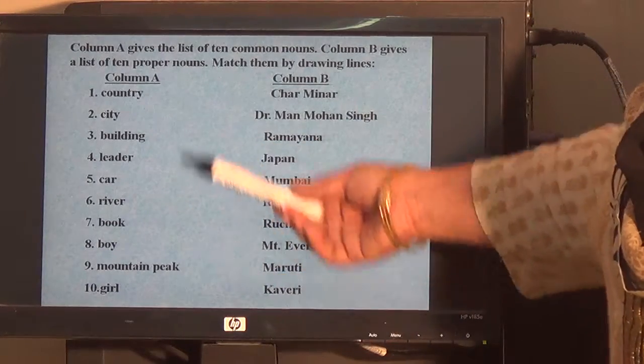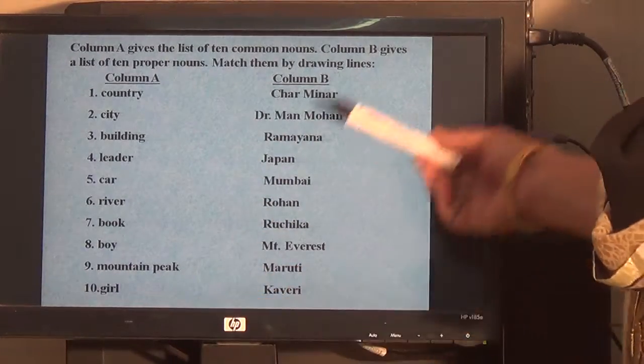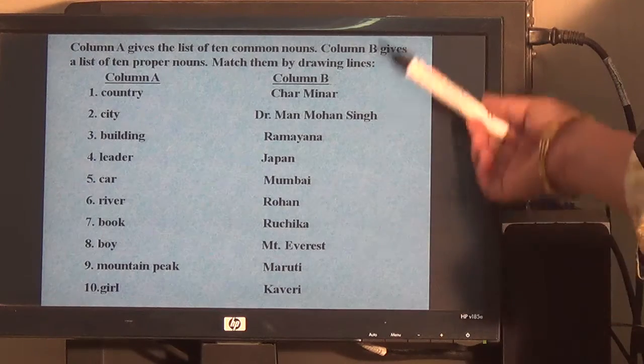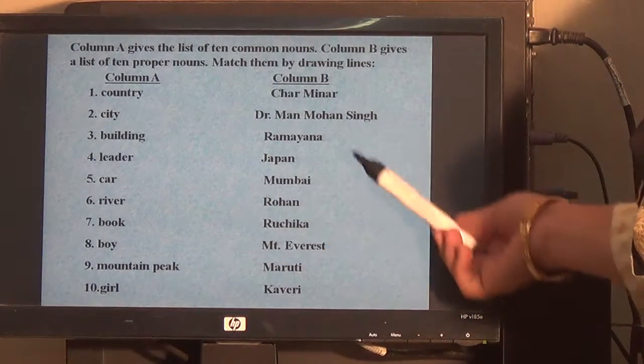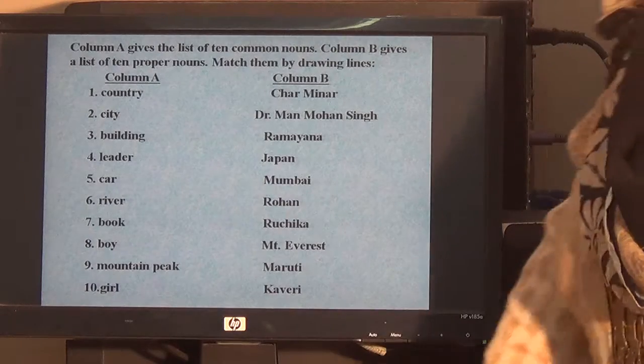Column A here gives you a list of common nouns and column B here gives you a list of proper nouns. I am sure you would enjoy matching both the categories.